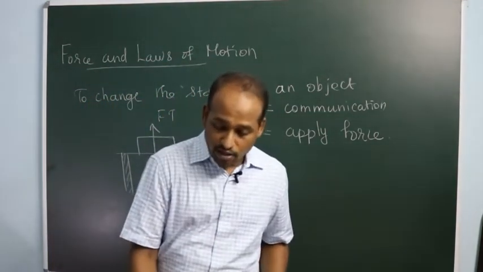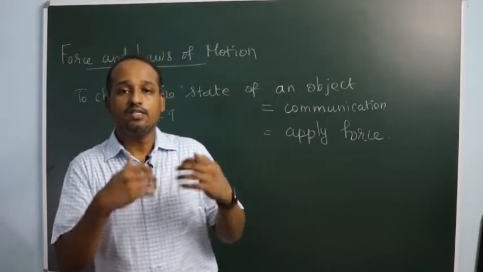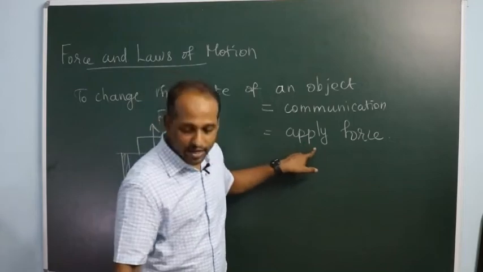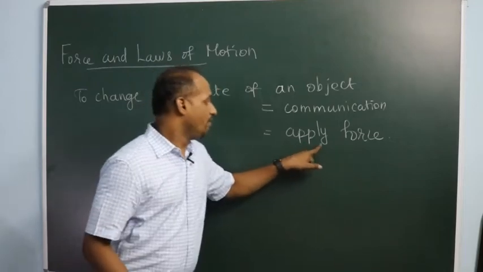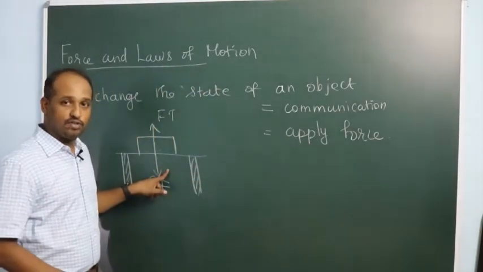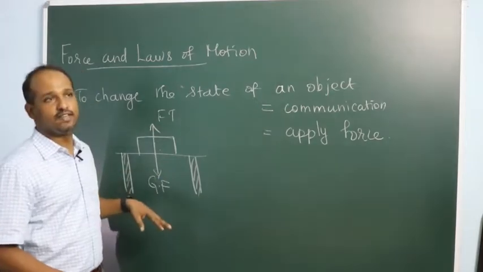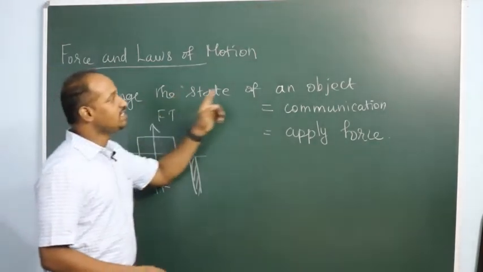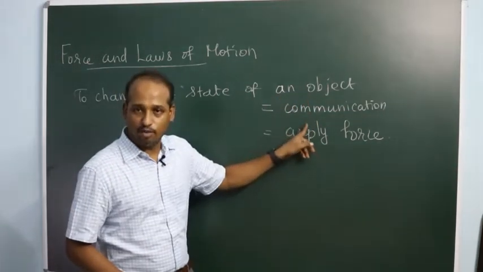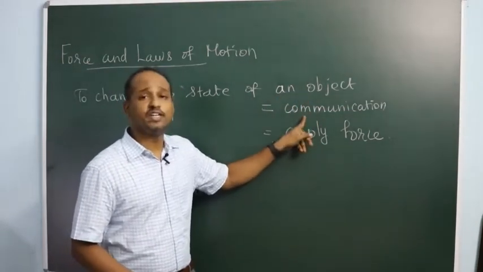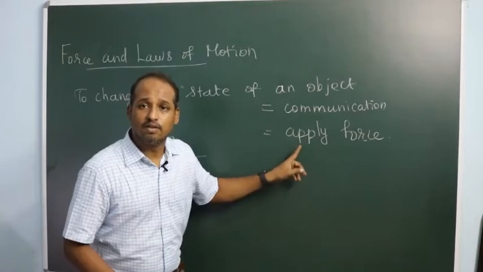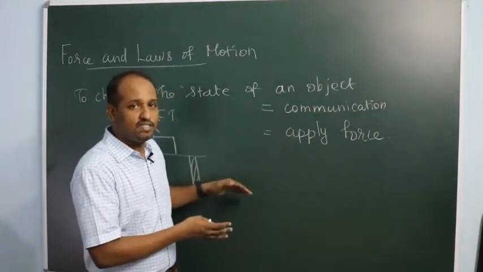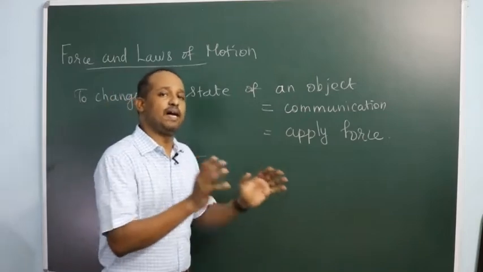So to change the state of an object, it's not just the application of force. When you apply a set of forces that are balancing each other, it will not bring about a change in the object. So to change the state of an object, you need to communicate. That communication is applying force, but the force that you apply should not be balanced; it has to be unbalanced.